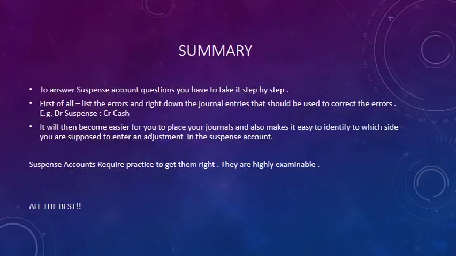Like what we're doing, you should debit the suspense and credit cash. You should credit this account and debit suspense, or you should do that. Because it will then become easier for you to place your journals, and also makes it easy to identify to which side you are supposed to enter an adjustment in the suspense account. Now you know if you have created these journal entries to correct the error, when you go to the suspense account, you're just debiting and crediting what you have already prepared on your listing.